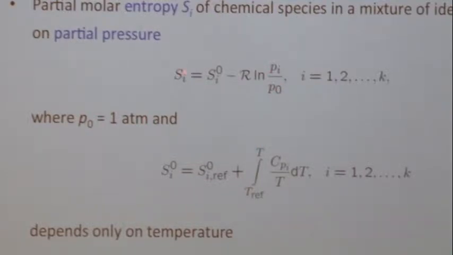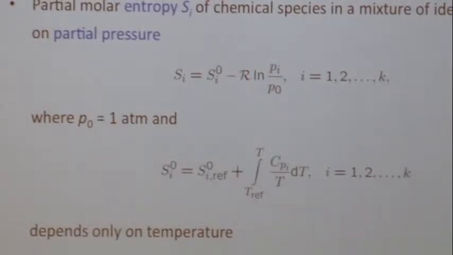Then this temperature-dependent term is very similar now to the enthalpy, where you have an entropy of formation or a reference entropy plus a temperature-dependent term, or plus this temperature integral. So you have temperature dependence and pressure dependence.